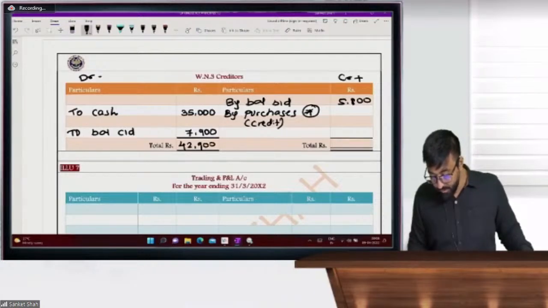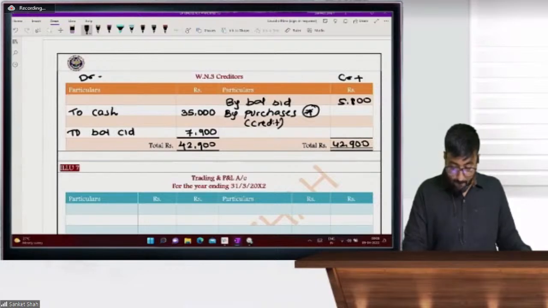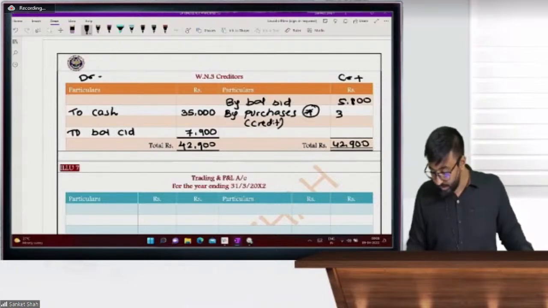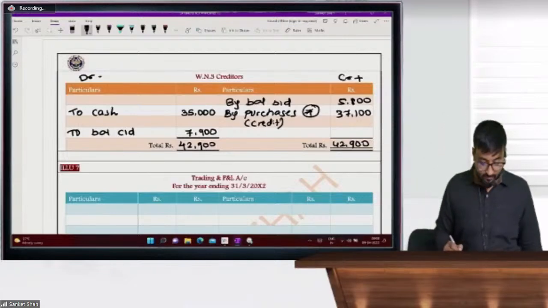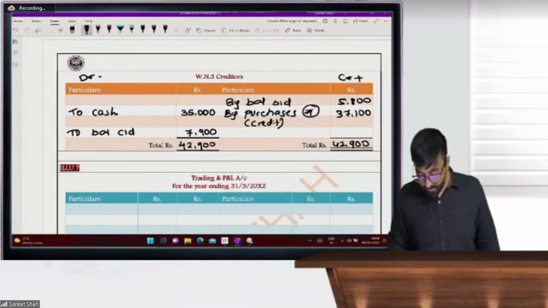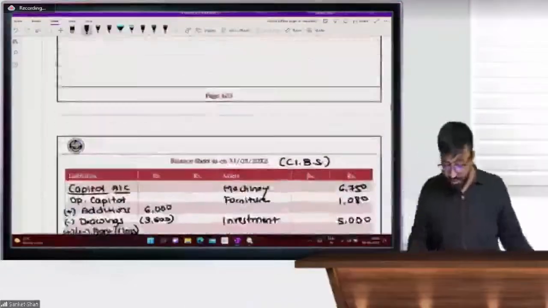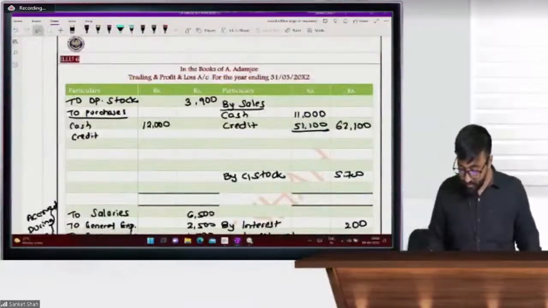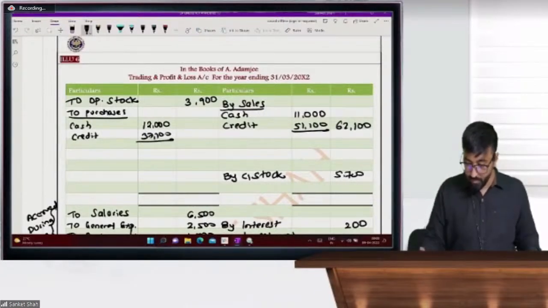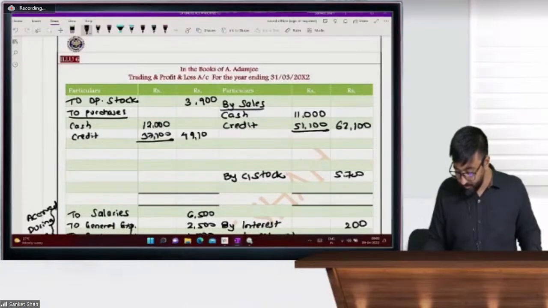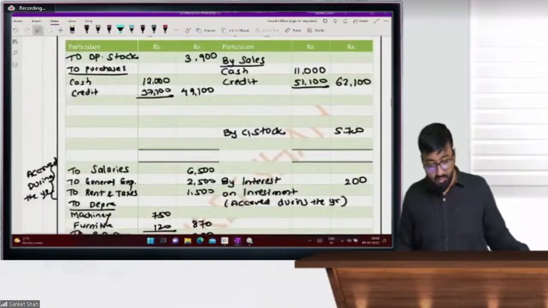Try to learn these pro formas. 37,100, credit purchases. Second effect, on the debit of trading, 37,100 and outer column 49,100. Machinery and furniture already closed.